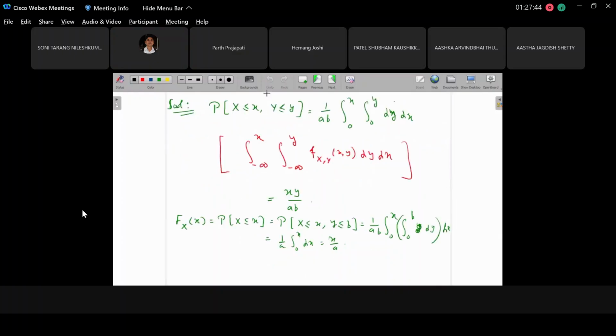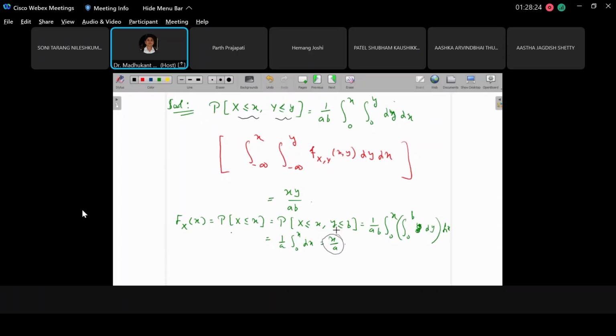Yes, sir. Right. So you can also do this by using the CDF, joint CDF, this way. Okay. So this is going to be, and I think it has come out. See, one thing, if you try to identify Fx of x from here to here, the marginal CDF, it is going to come out as x by a, which is nothing but the CDF of a uniform random variable.